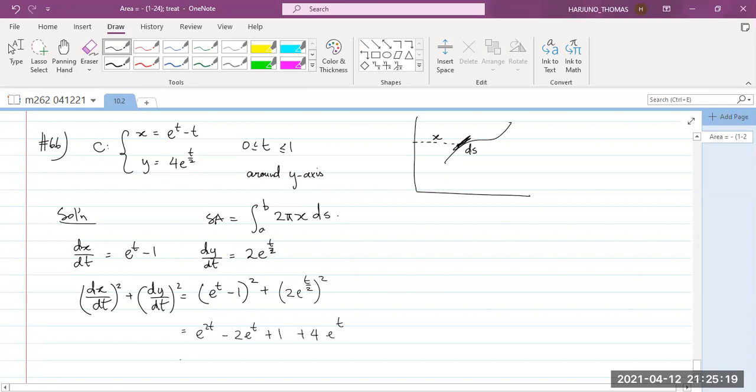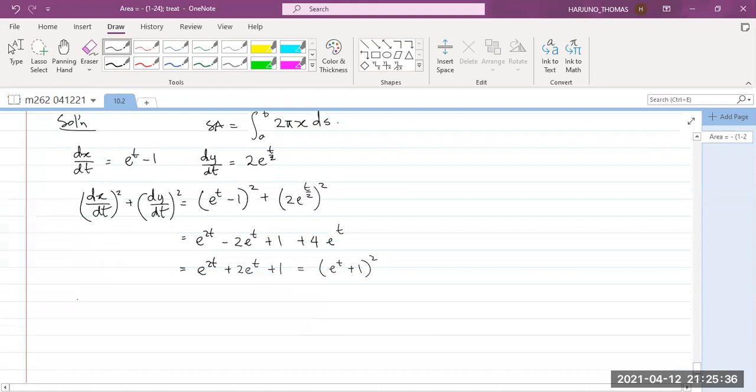Oh, okay. That is e to the t plus 1 squared. So the square root of that equals e to the t plus 1.